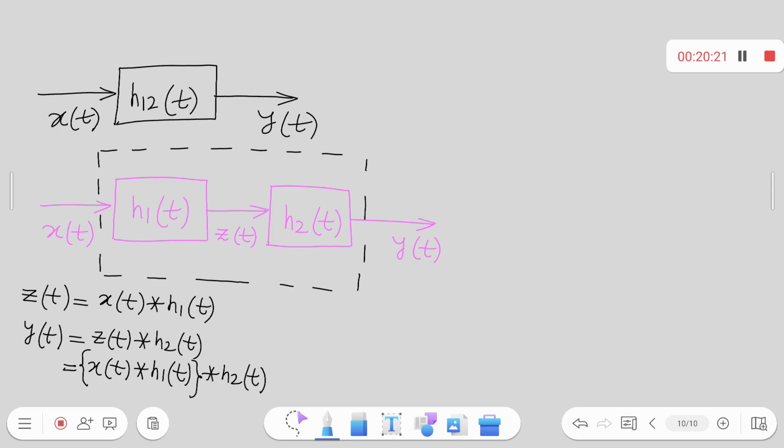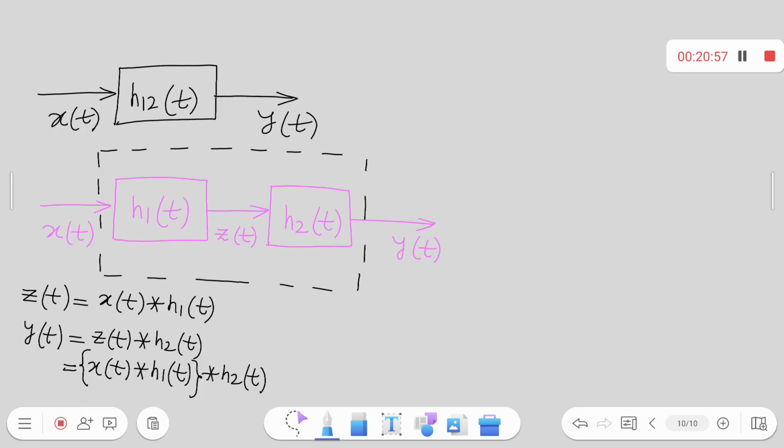Initially, I have two systems, h1(t) and h2(t). Instead of having two systems, I'd like to find only one system that will perform the same job, the equivalent system. Now the question is, what is the relationship between h1(t), h2(t) and h12(t)? Is the problem clear? So now let's check it.